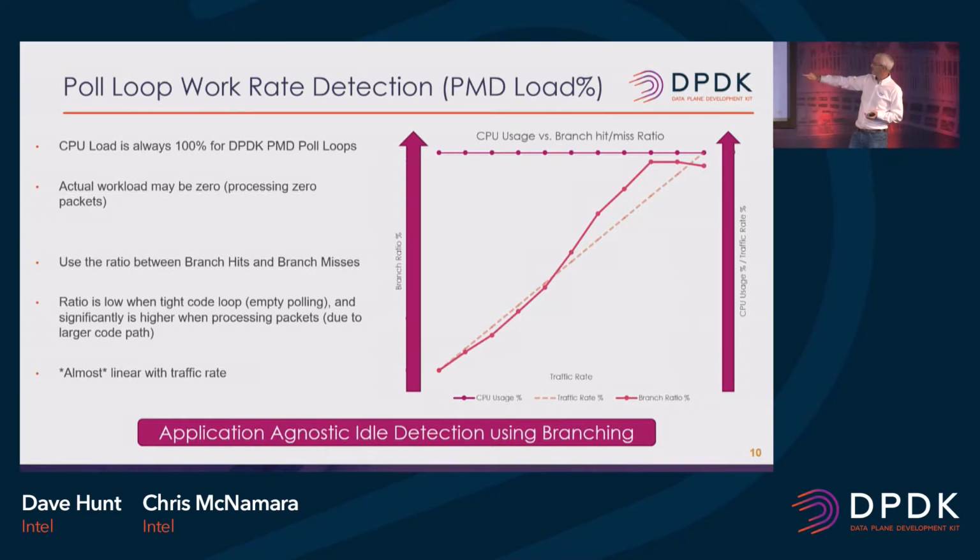It's fairly linear in between. At a 50% traffic rate, we found that it was 2%, and at 100% it's 4%. So if we took that line, we could detect how busy we are from a polling group. This was against L3 forward, from 0% to 100%. So it's almost linear with the traffic rate.